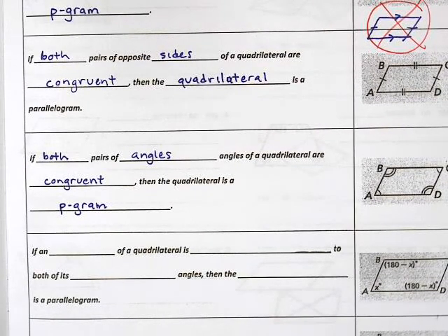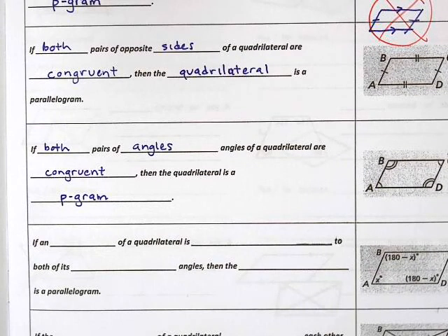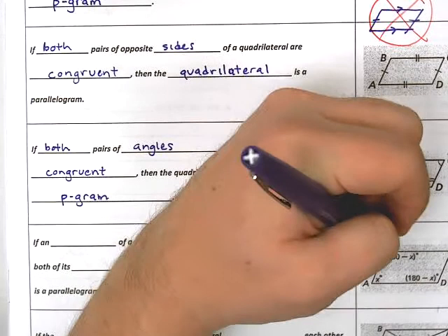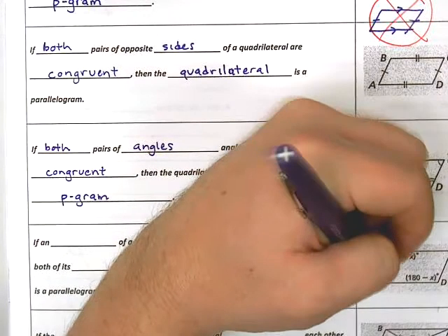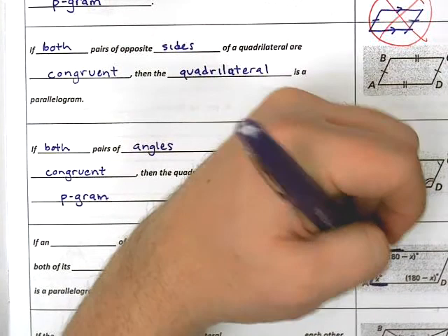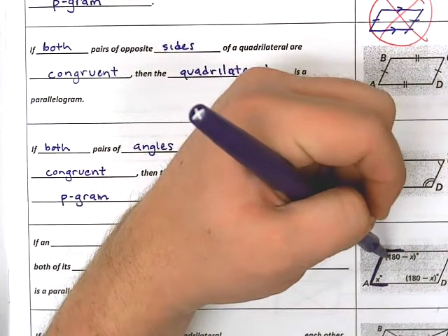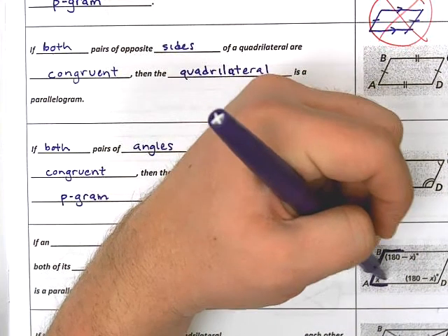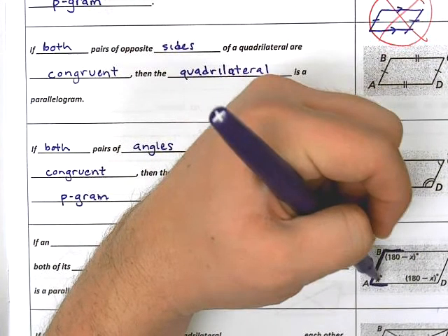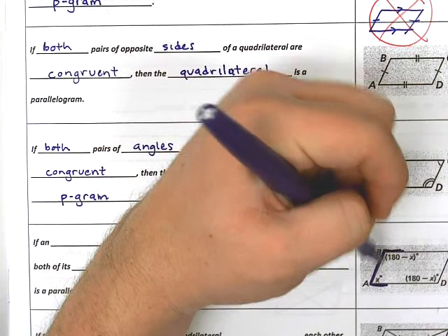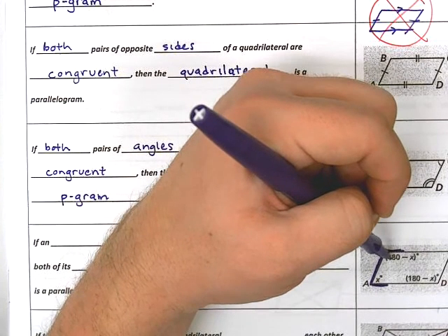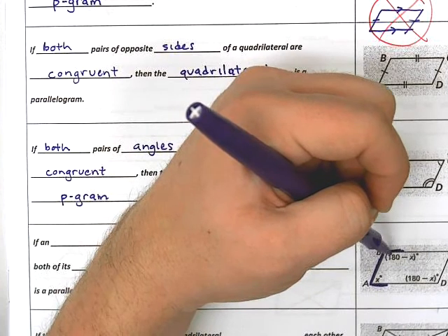This next one's a little bit goofy. It has to do with having supplementary angles, which I know we learned about in 6.2. But really what we're looking at here, guys, if you can kind of look at this with me, if I draw in this purple part right here, and I look at this angle and this angle, well, 180 minus x plus x is 180. So these angles are supplementary, which means that these are same side interior angles that are supplementary, and we know that that proves that the lines are parallel.